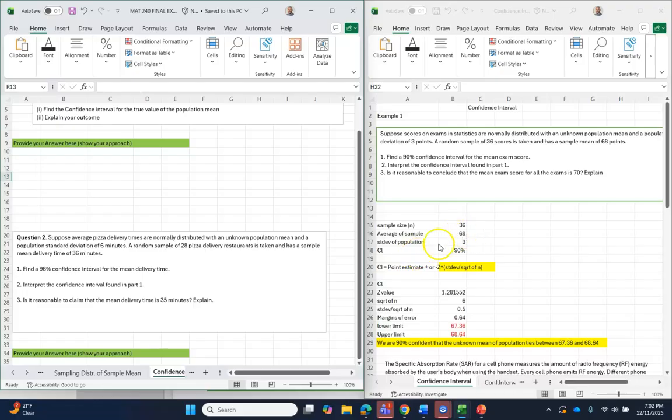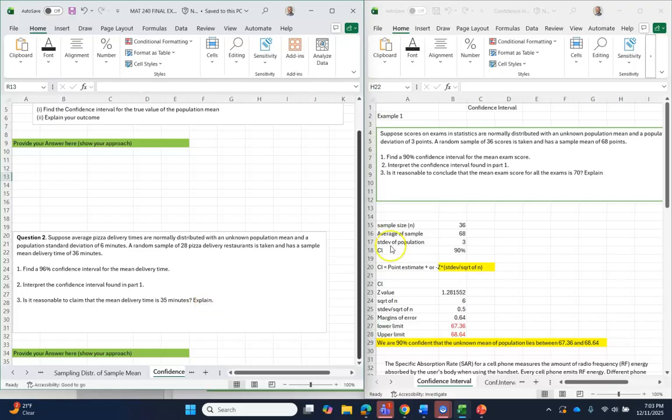For me, I have 68. Yes, that standard deviation is provided. So the question says, find a 96% confidence interval for the mean delivery time and interpret the confidence interval found in part 1. Now the question is, is it reasonable to claim that the mean delivery time is 35 minutes?